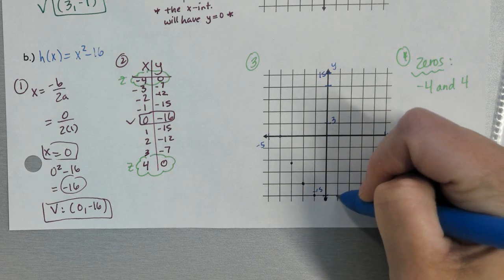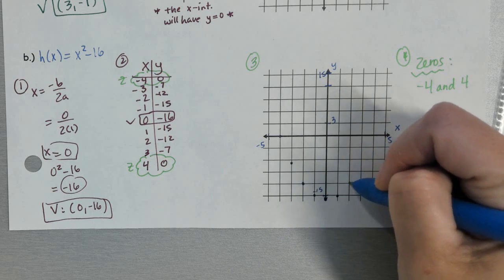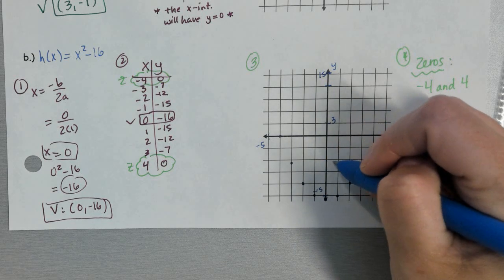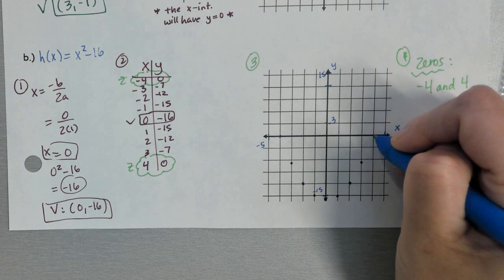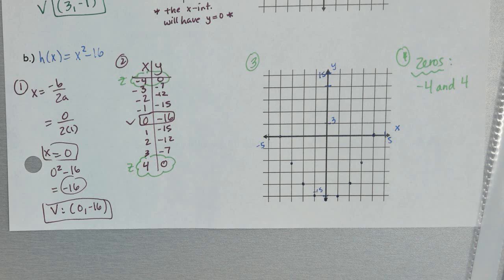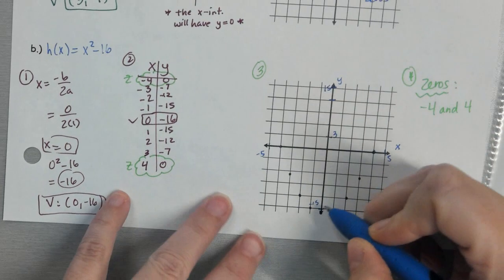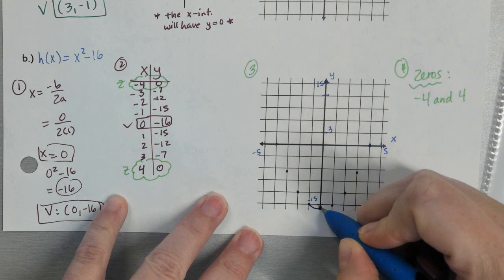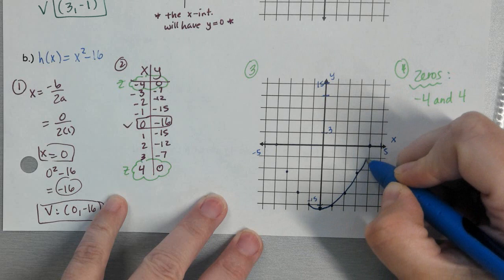And then all of these are symmetric. So look, you're just going to go 1, 1, 2. This one is at 7, so 1, 2, 3. We have 4, 0. And we're going to connect that with a curve. And you can see, when you have these points here, that just helps you create a better looking graph.